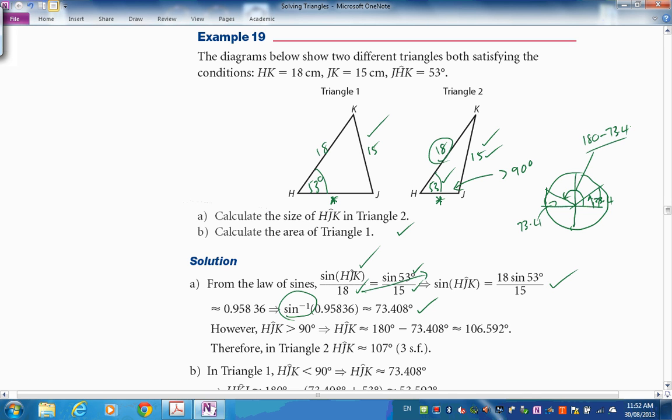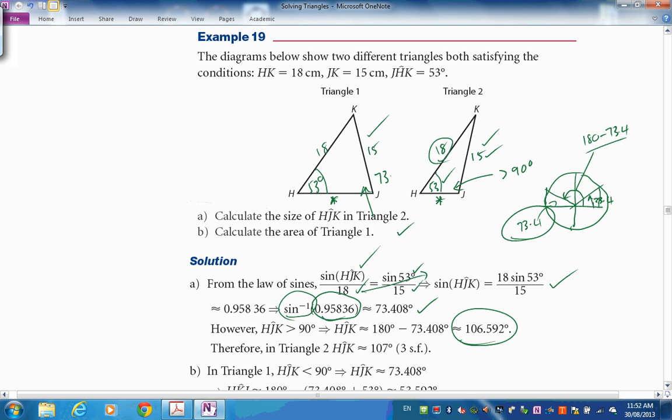So there are actually two angles whose sine is this thing here, because the sine of the angle in the second quadrant, 180 minus that working angle, is the same. So now we have a dilemma. It could have been 73.4 or 106.592, and that's what this was.